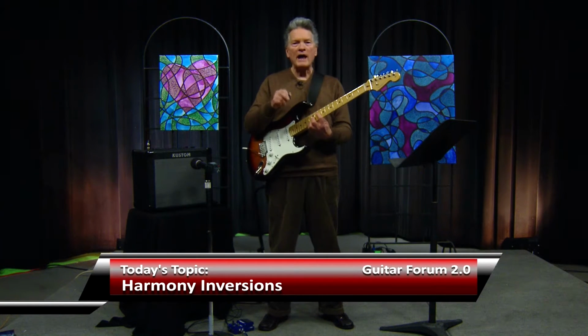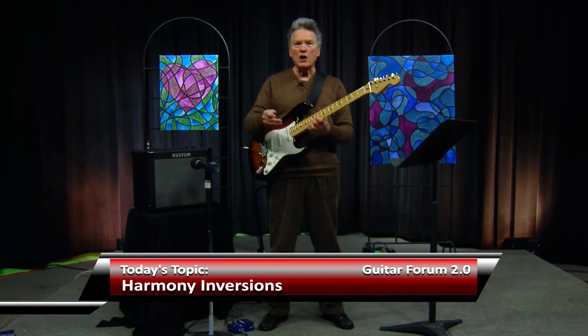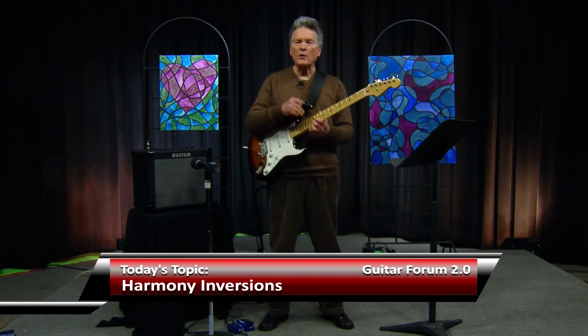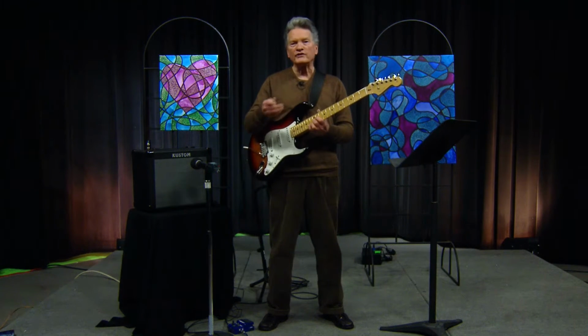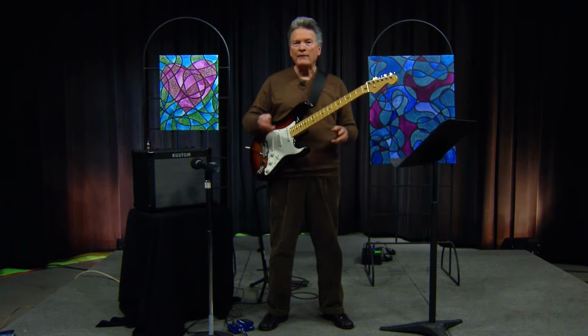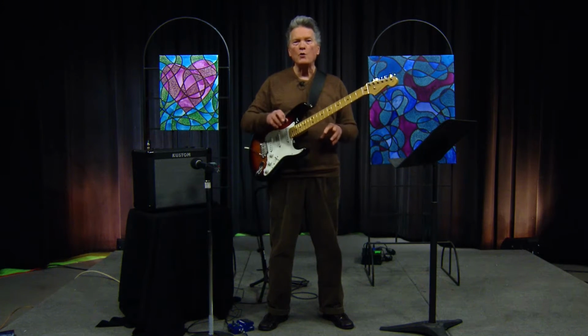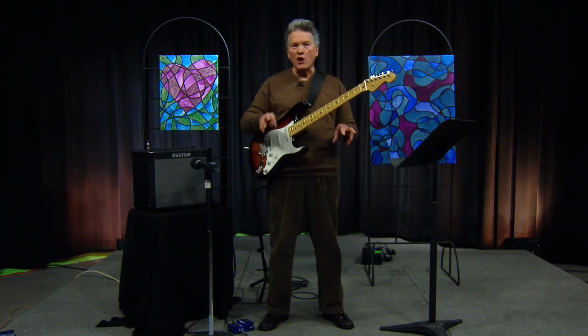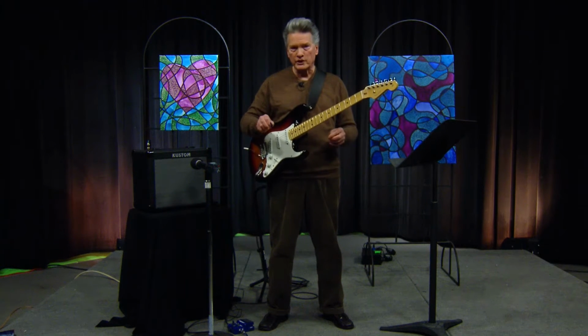But what they all have in common is that they all have tone 1 as the lowest sound, and the lowest sound is called the bass. So now we have our first definition of our harmony inversions: when you play a triadic harmony and you put tone 1 in the bass, it's called zero inversion.